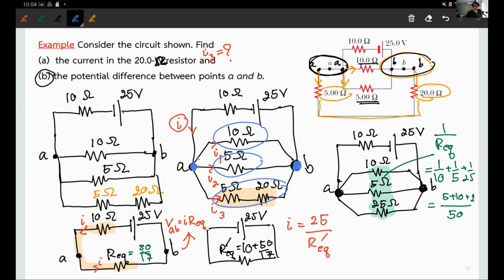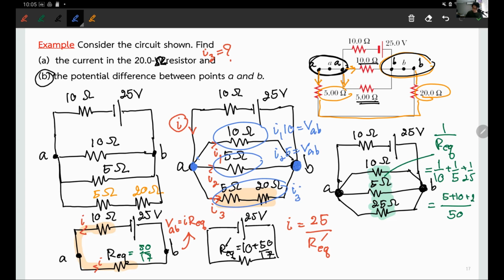You have three choices now to figure out V_AB. I1 times 10 is still V between A and B. That's the top wire. I2 times 5 is still V_AB. Or I3 times 25. Oh, it looks bad. Sorry, let me write it nicely.